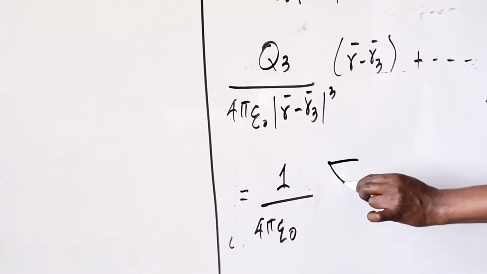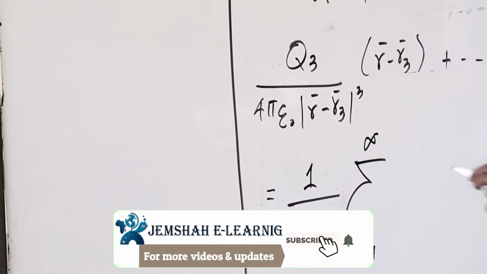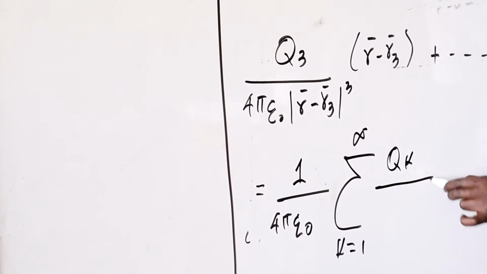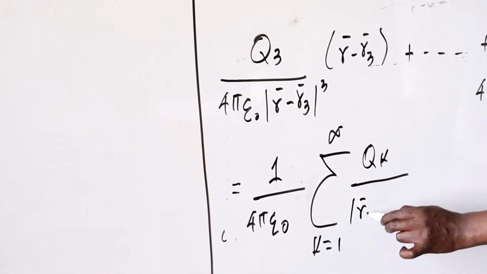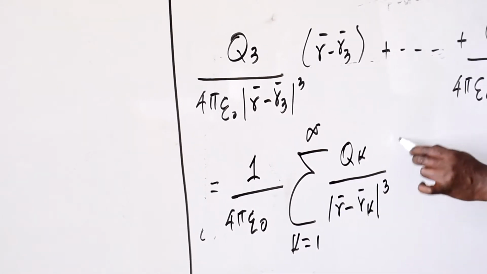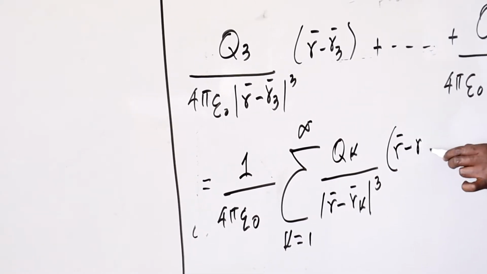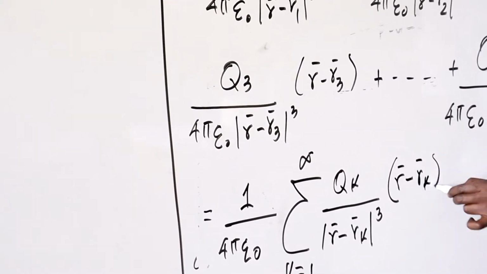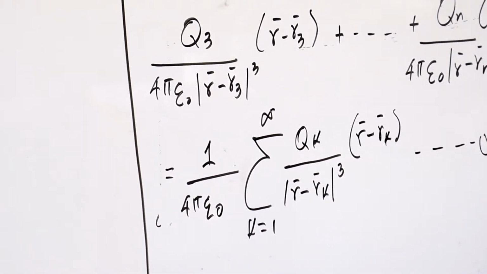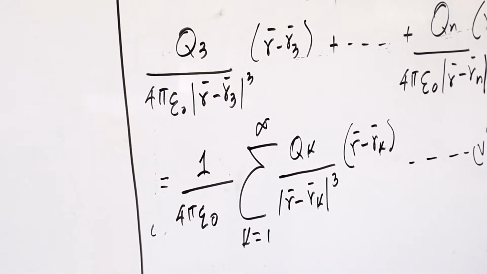The summation from k equals 1 to infinity of q k all over the cube of the magnitude of r bar minus rk bar, into r bar minus rk bar, like so, and that becomes our equation number 5.